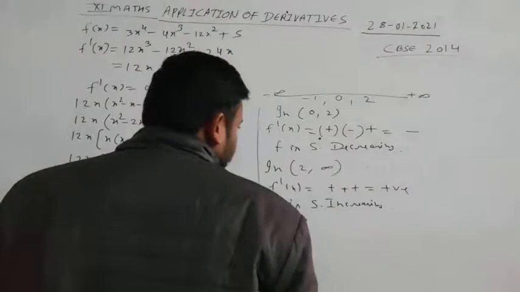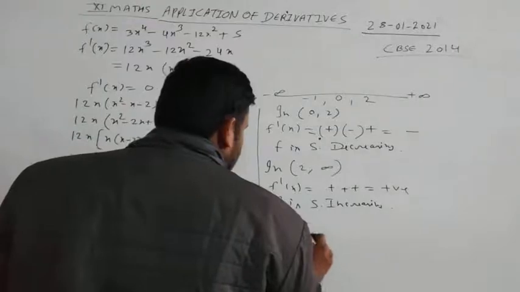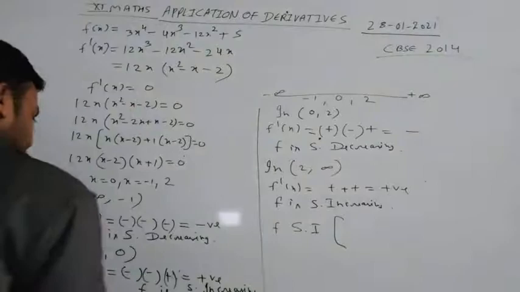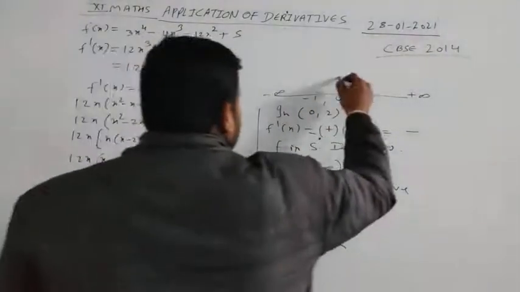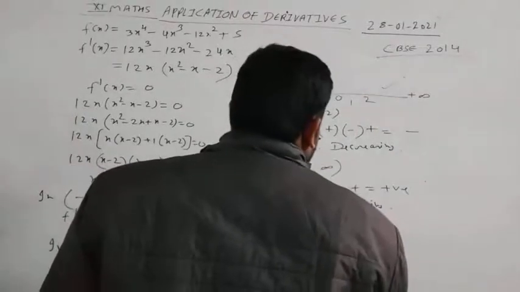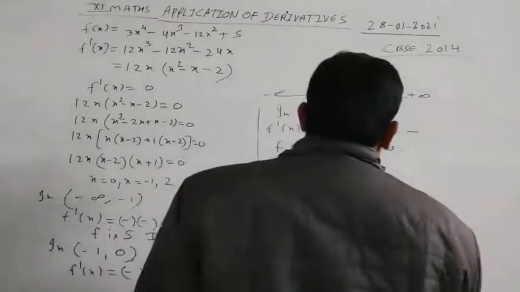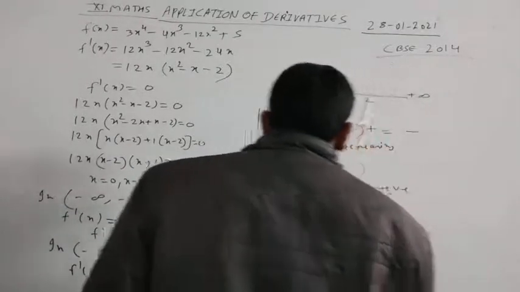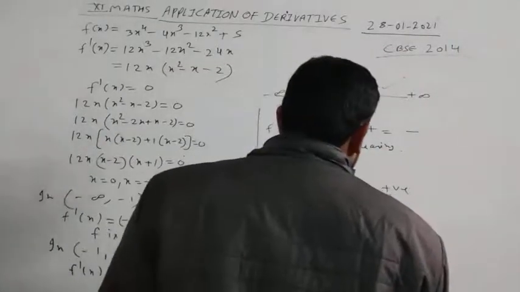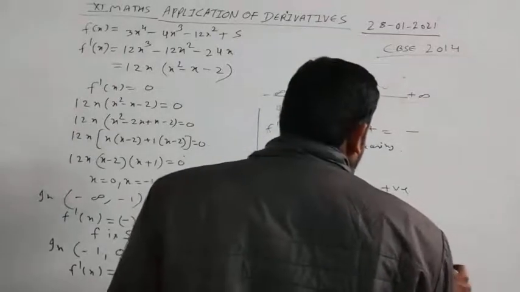So our function is strictly increasing in the interval minus 1 to 0 union 2 to infinity, and strictly decreasing in the interval minus infinity to minus 1 union 0 to 2.